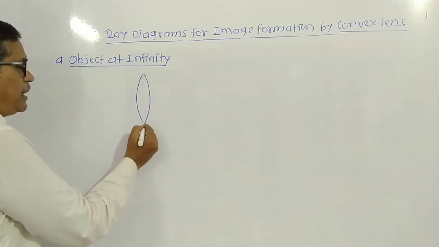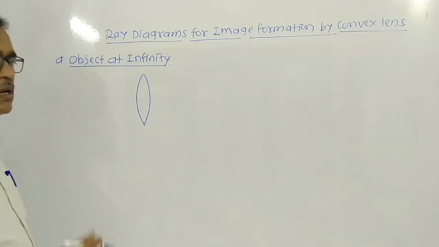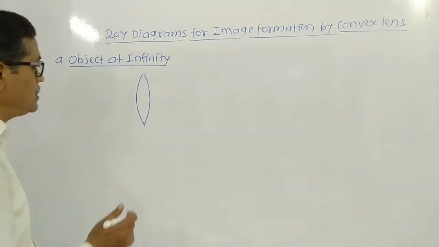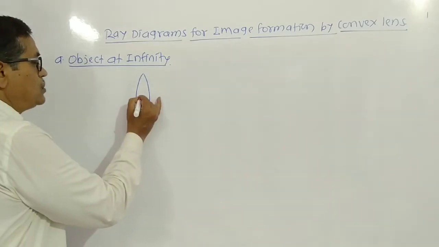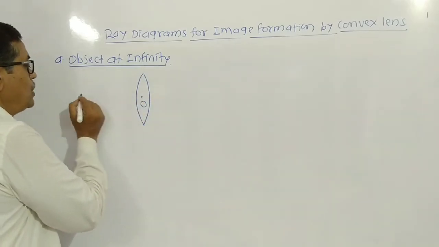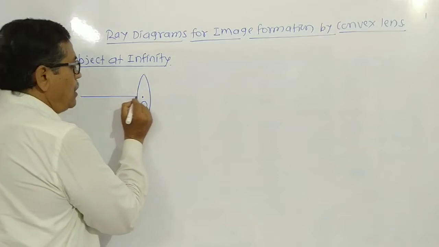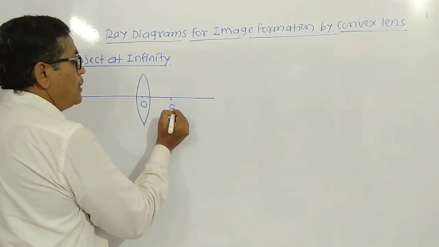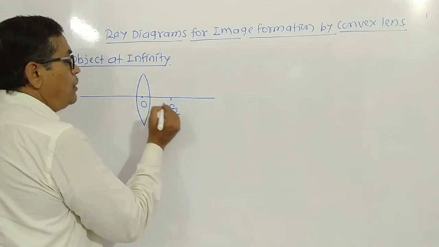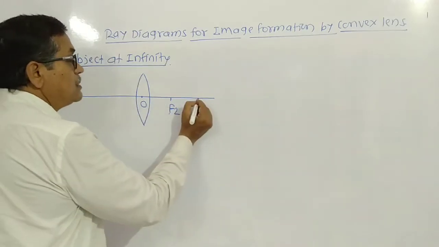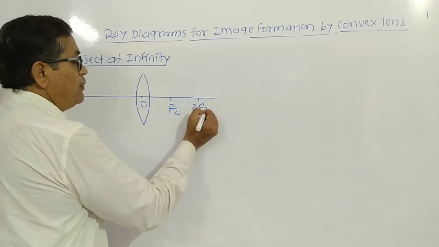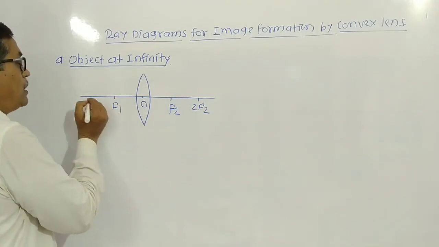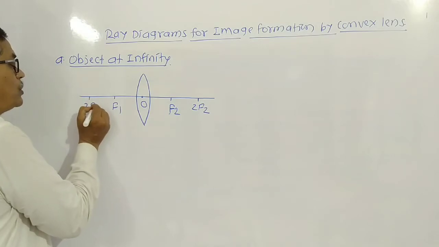Look here carefully, here is the convex lens, and dear student, you can use the geometry box to draw the lenses. Here you know is the optical center O, here the principal axis, here F2, the focus of the convex lens, here 2F2 at the same distance, here F1 and here 2F1.